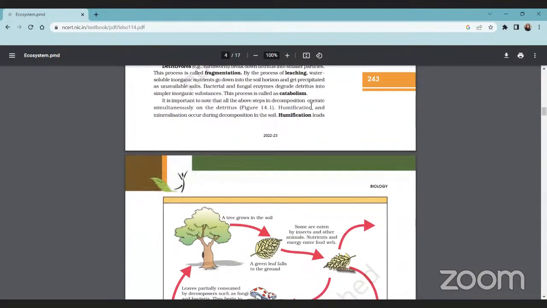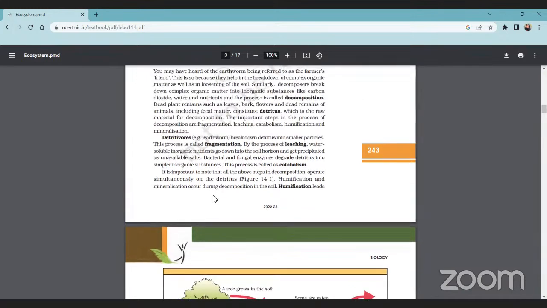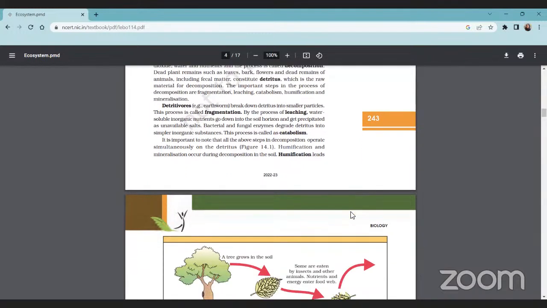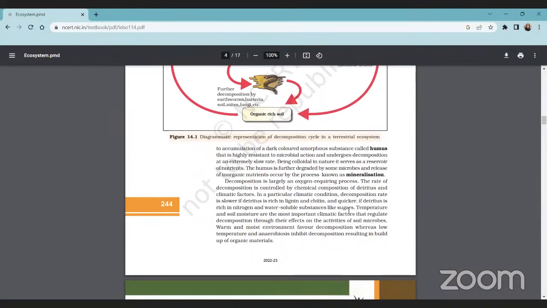In decomposition, decomposers break down dead plants and dead animals by fragmentation, leaching, and catabolism, and then humification, and that soil is called humus, which is fertile soil.